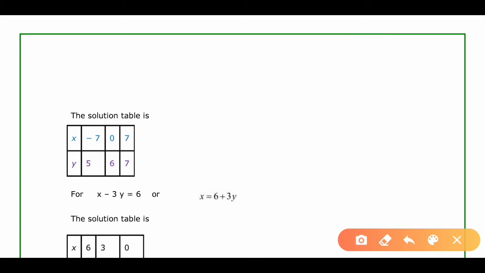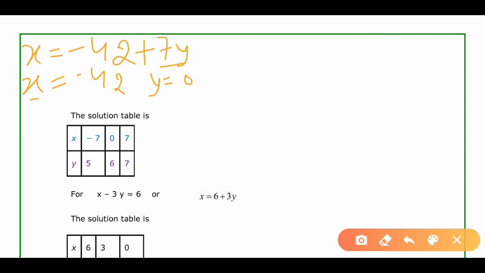Now the second method for drawing the equations in the graph. We know that the first equation was x equals to minus 42 plus 7y. Now we will first put y equals to 0 in this equation, then we will get the first point. For this equation x will be equal to minus 42 and y equals to 0.